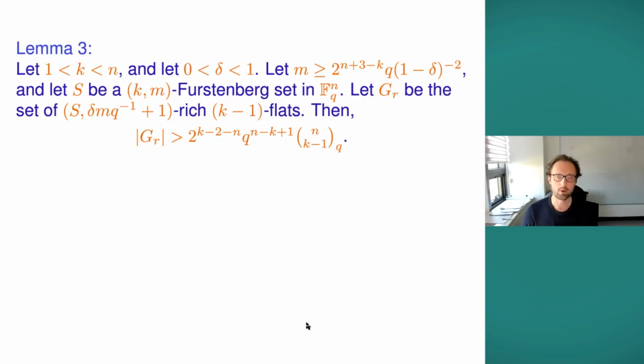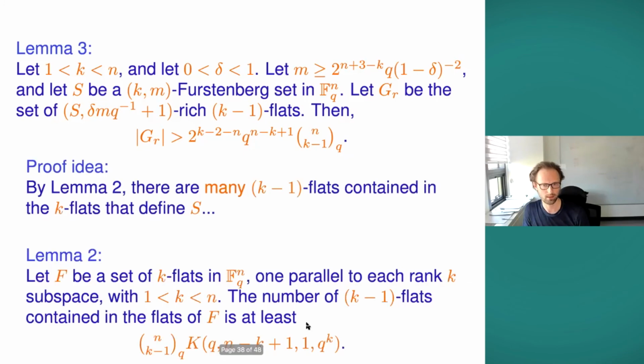So here's a lemma with a lot of parameters, but what we're doing here is saying that we found a large family of k-1 flats that are contained in our k-flats.